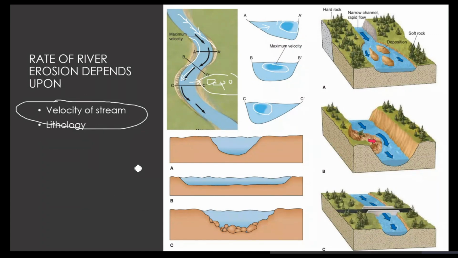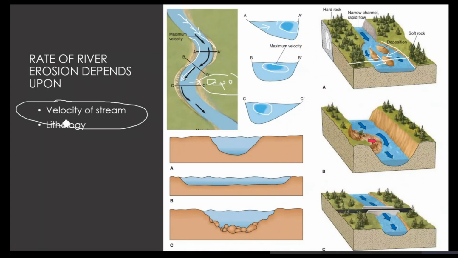Second one is the lithology of the rock. If the rock is more stable, hard rock, then there would be less erosion. But if the rocks are loose materials, then the sides will collapse more easily and it can create wider channels. As a result, the velocity decreases and more deposition will happen. So that kind of dynamic system is there.